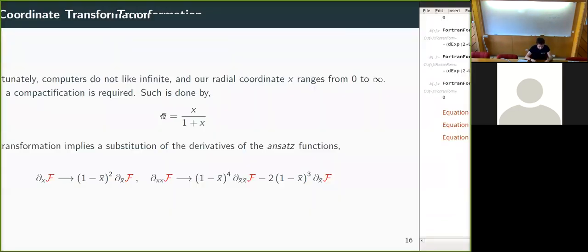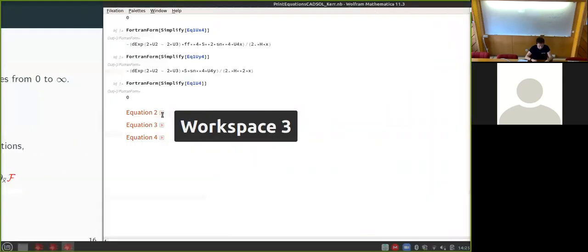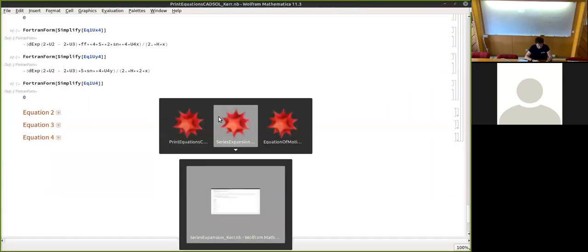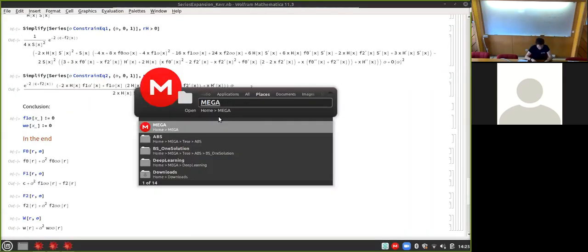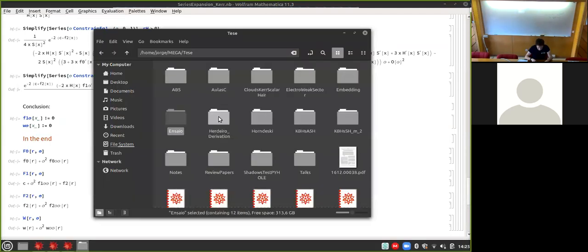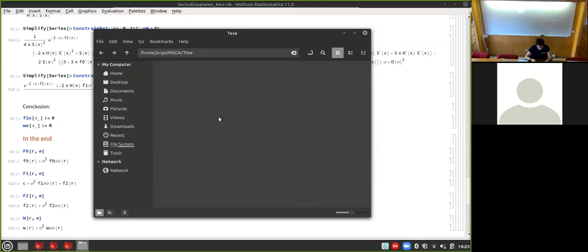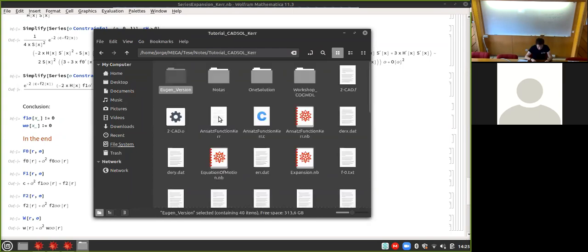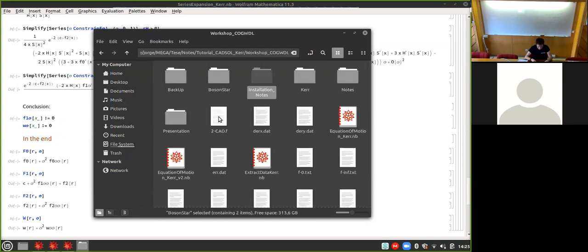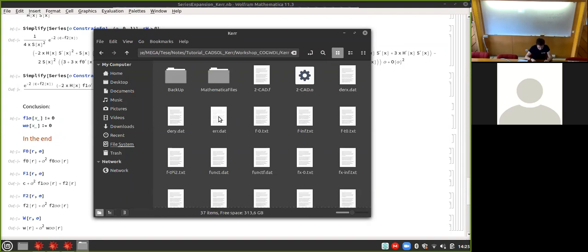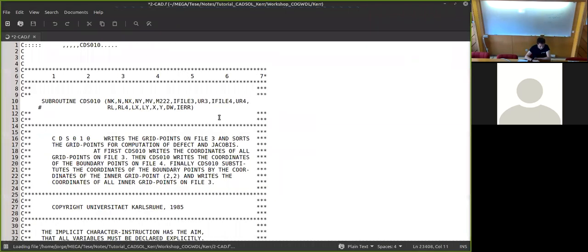Now, with this done, you can go and print everything for the Fortran file. So the first one is this 2C to CAD.f, and this is basically the brain of the solver.